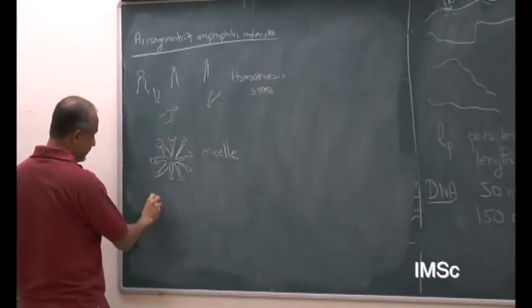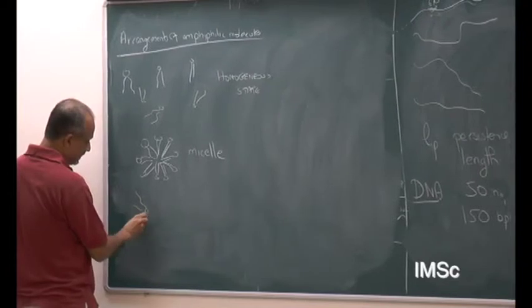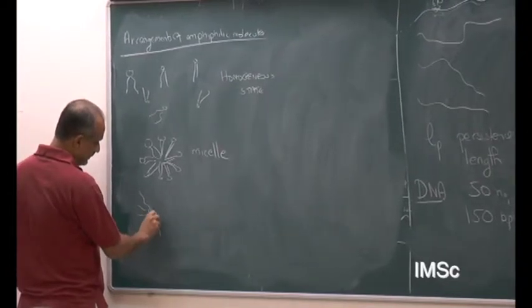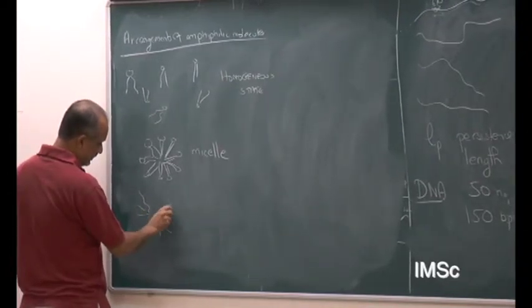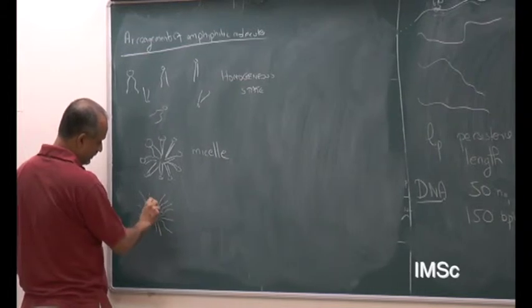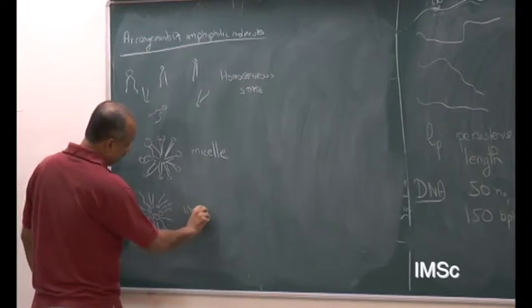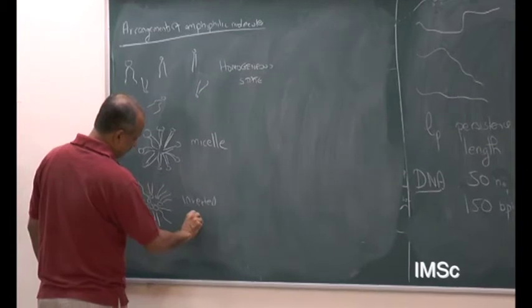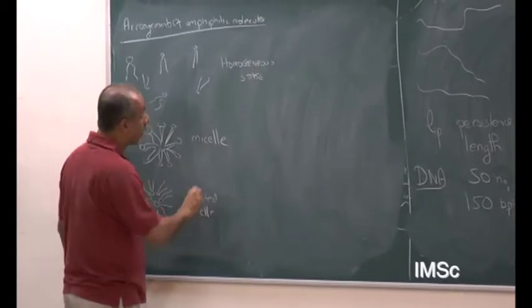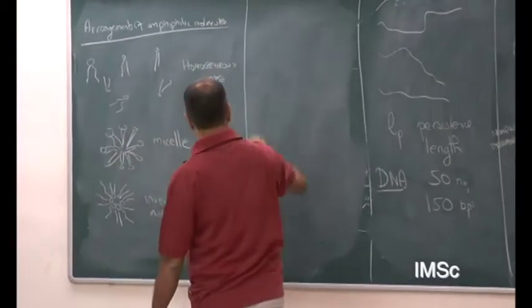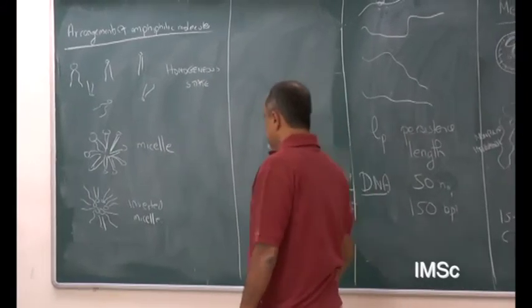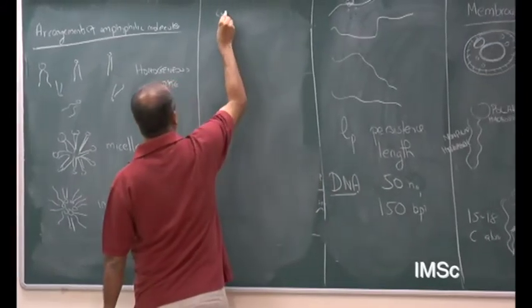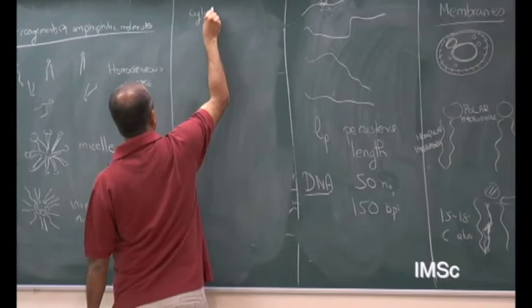Another structure that you can have looks like this, and is called an inverted micelle. Yet one more is called a cylindrical phase.